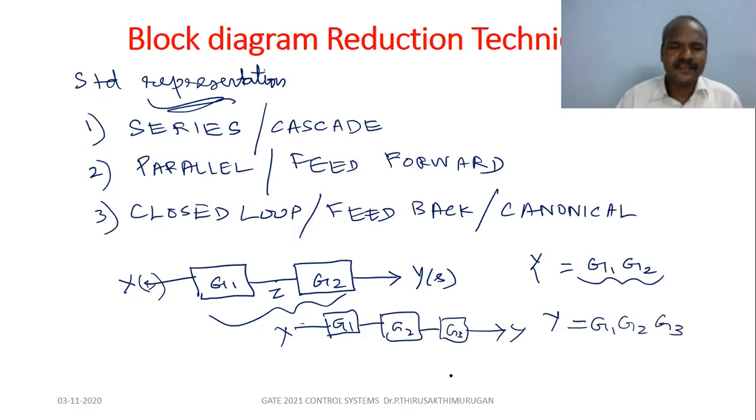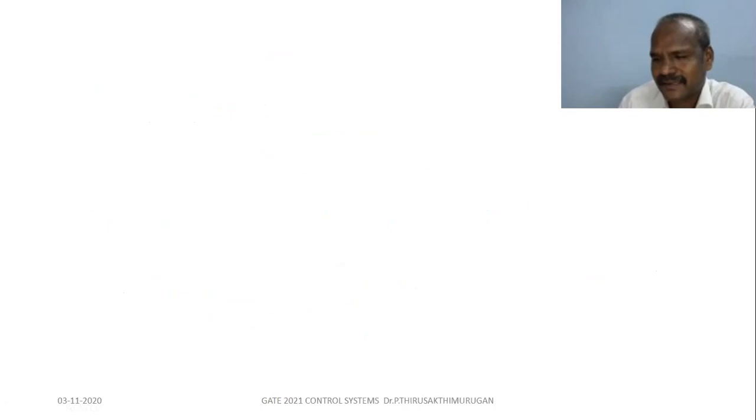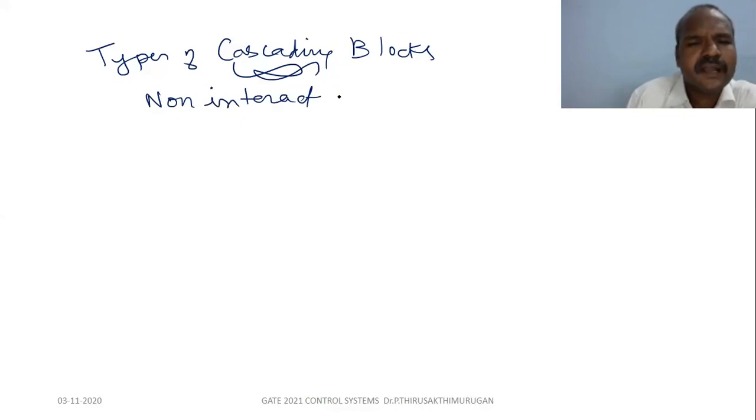In cascade, there are two types of representation: non-interacting and interacting cascading systems.